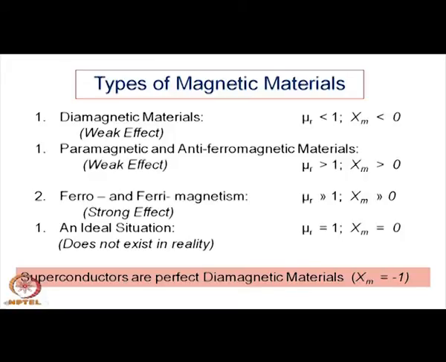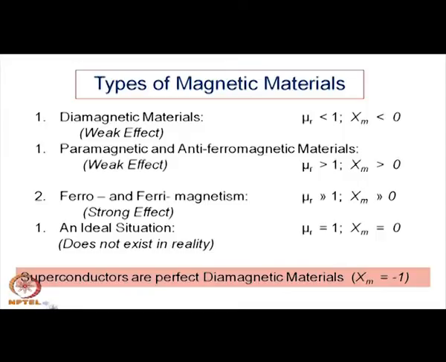So, both μr and χm, μr is the permeability and χm is the susceptibility. These two are the phenomenological parameters of the material's response to the external magnetic field, and based on how they respond to the external magnetic field, materials can be classified under different groups.